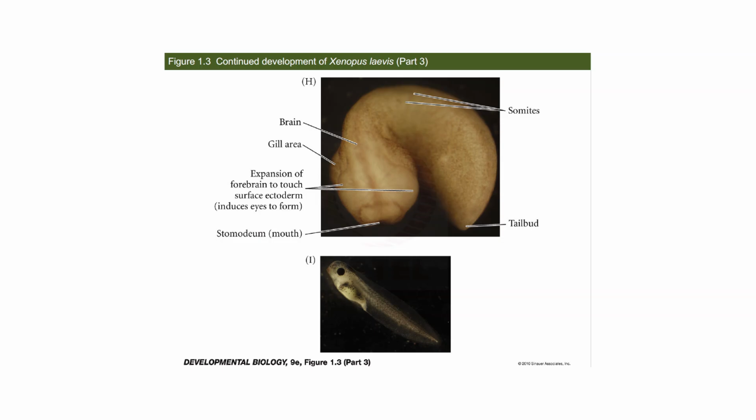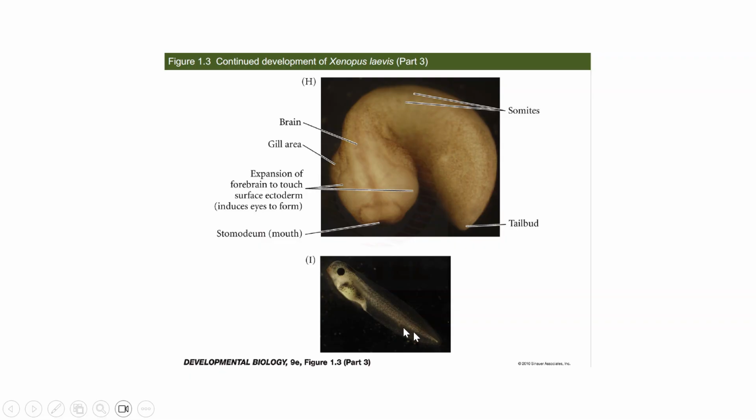Next, these are just to show you the different developmental stages. If you can see here, this is a larval stage of an organism, mostly a tadpole of a frog, Xenopus laevis.